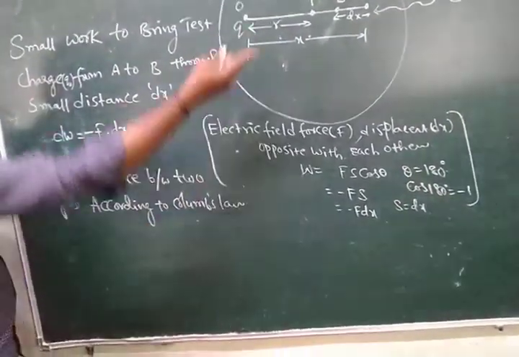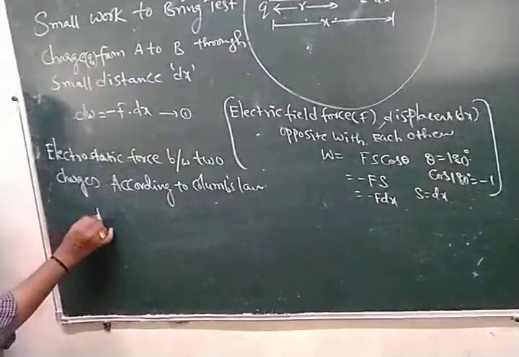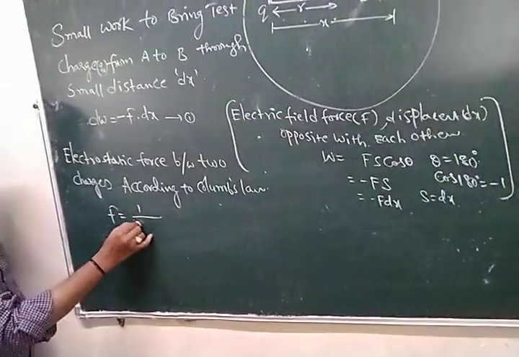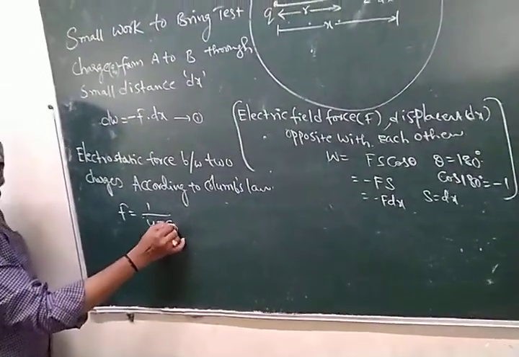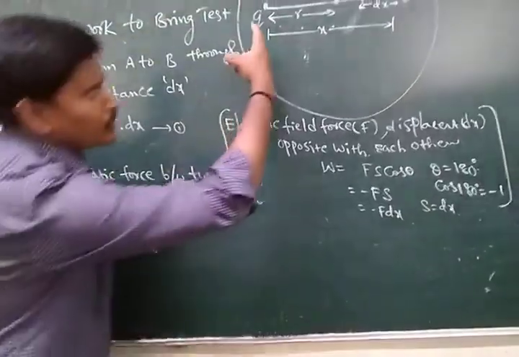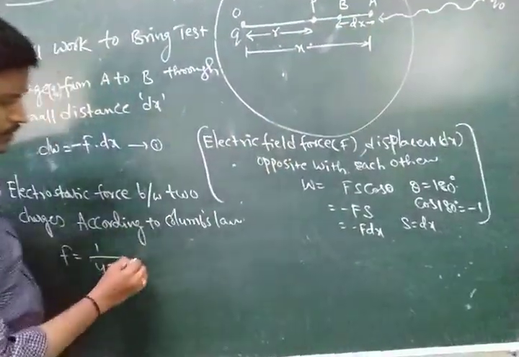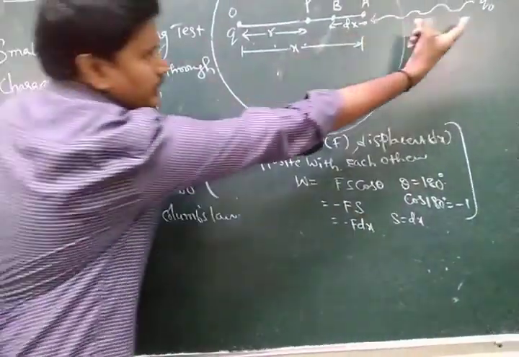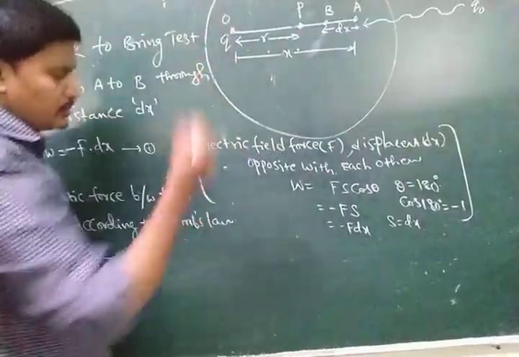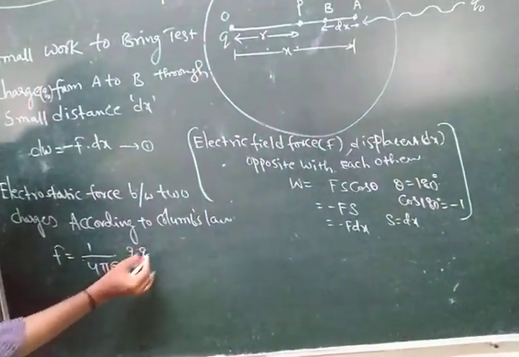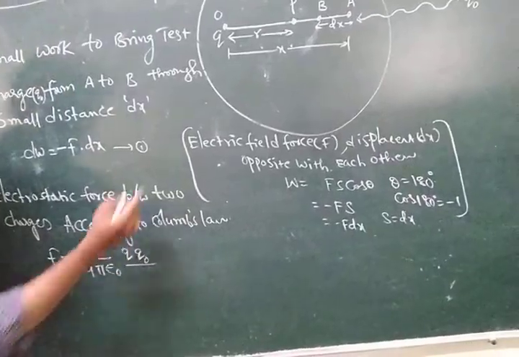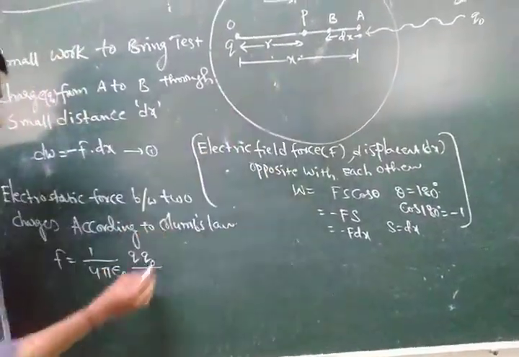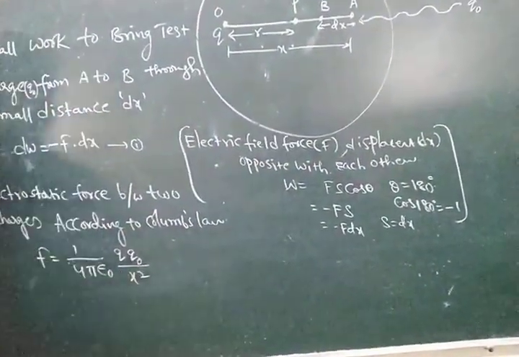So what is Coulomb's law statement? Force F is equal to 1 by 4 pi epsilon naught. Here Q1 is nothing but Q, and this test charge is shifting to point A, so Q naught, divided by the distance. The distance is nothing but x square.